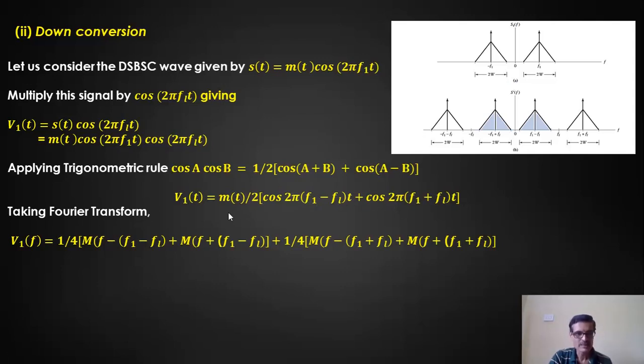That means the spectrum of m(t) is frequency shifted by f1 plus or minus fL. Applying that concept, we get the Fourier transform in the frequency domain: 1/4 [M(f−(f1−fL)) + M(f+(f1−fL))] plus 1/4.